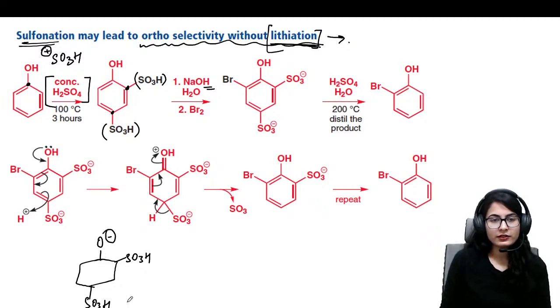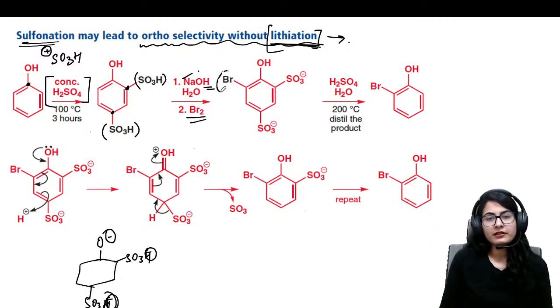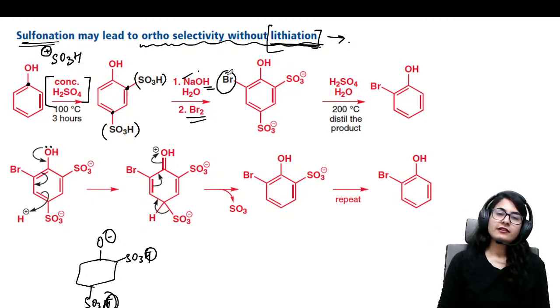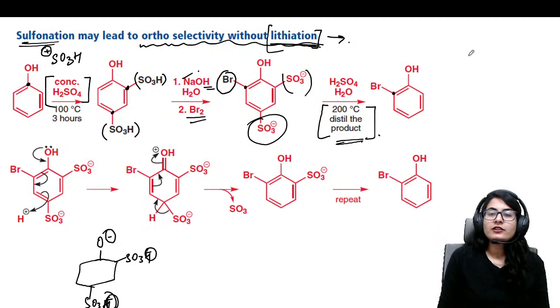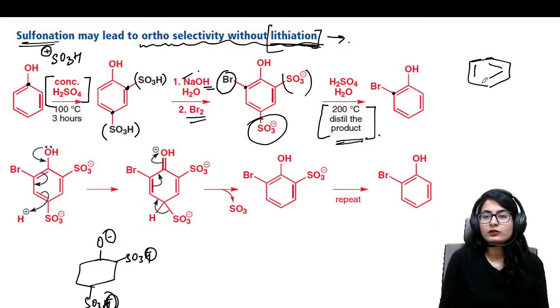So you have to convert it into O minus, SO3 minus. All of these will be converted into minus in the presence of a base, and bromination will happen on the next ortho position, which is left out, right? And after that, distill the product at 200 degree centigrade, removing these sulfonyl groups, and you get the ortho-bromo product. So it's not possible for phenol to give you a single ortho-bromo product.